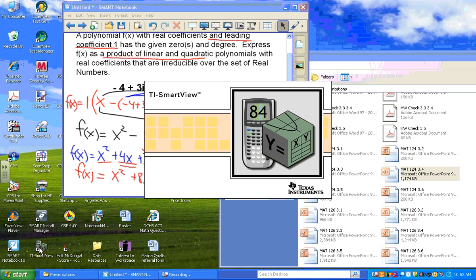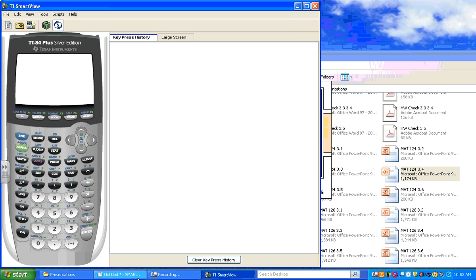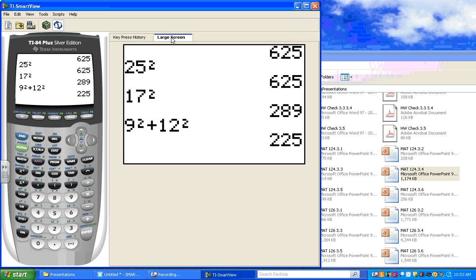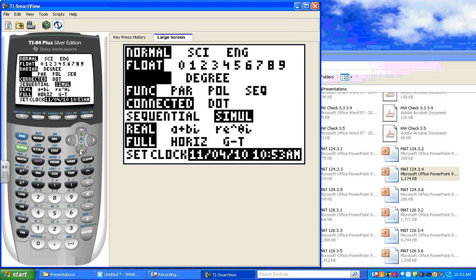Second quit. Large screen mode. a plus bi. Enter. Second quit.